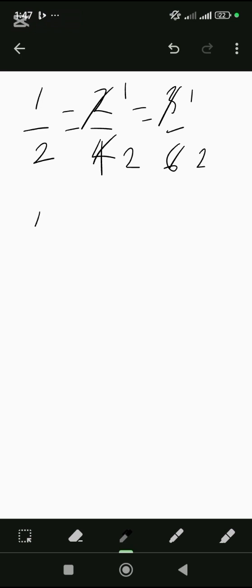And so everything now looks the same. 1 over 2, 1 over 2. You see how we can change that to equivalent fraction.